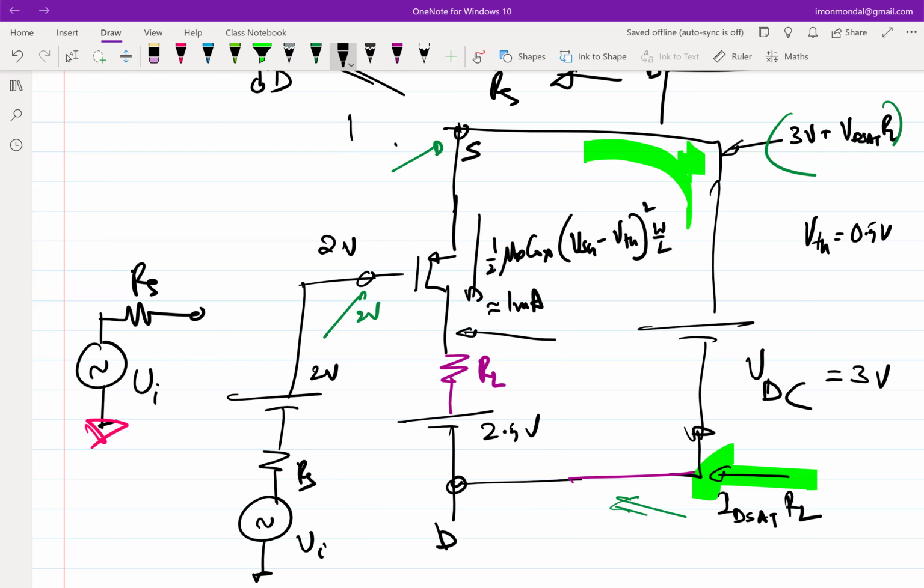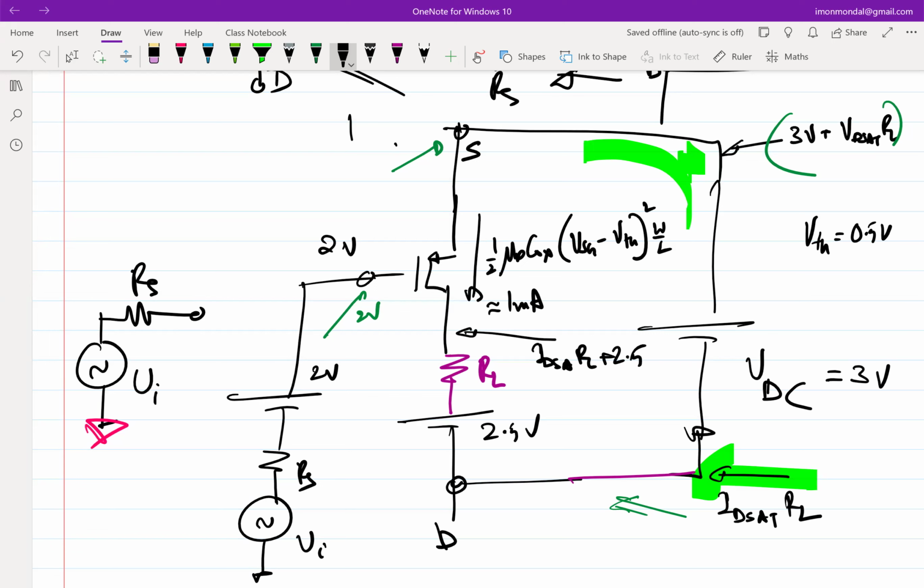But in the presence of RL, is the drain voltage 2.5? No, right? So what will it be? IDSAT times RL plus 2.5. So aren't we facing the same issue all over again? It looks like the bias point is getting affected.